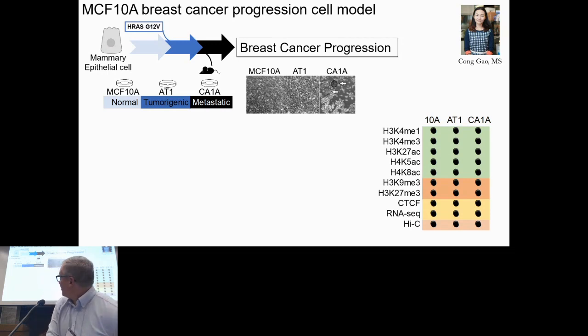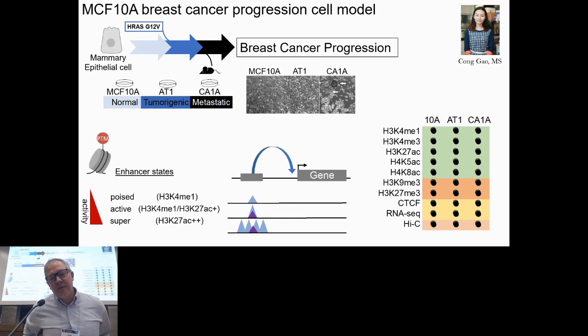And these cell lines largely are genetically similar and represent many of the features of cancer where these mammary phenotypes are preserved in the 10A cells, but the AT1 cells are more proliferative, and the CA1A cells demonstrate many of the molecular features associated with metastatic state.